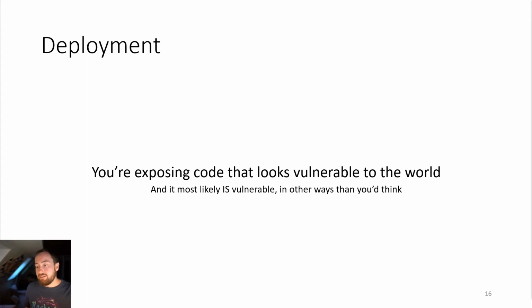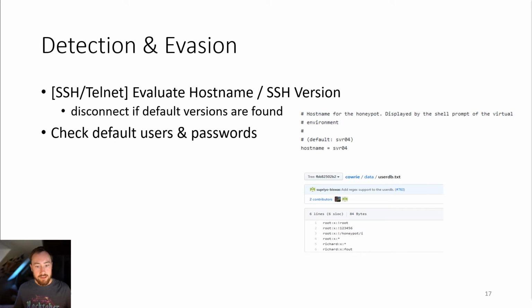Which brings me to the next point, detection and evasion. What's happening outside is that people constantly try to detect and evade honeypots because they don't want their payloads analyzed by researchers, as you would think. One of the easiest things that you can do is evaluating host names, service versions, and trying default usernames and passwords.